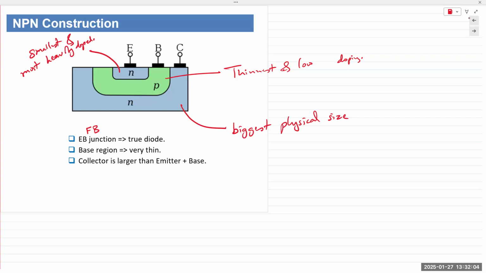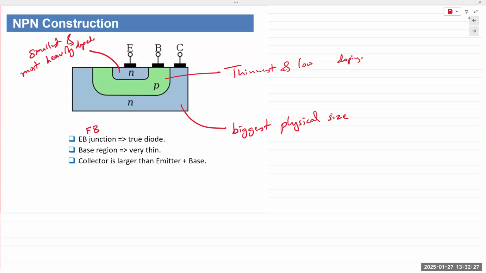Everything that we discuss here would be primarily for NPN transistor, but everything that we discuss for the NPN transistor applies equally to a PNP transistor. Okay, the only difference would be that the voltage polarities and the current directions would be flipped because the electrons and holes would be interchanged.